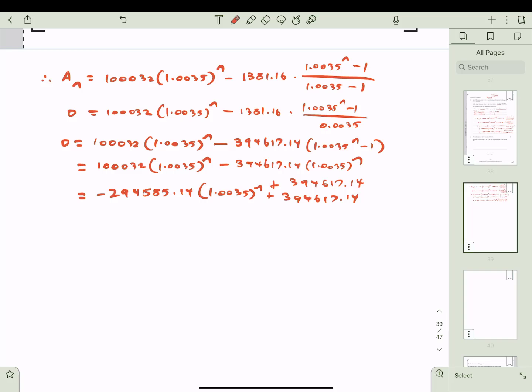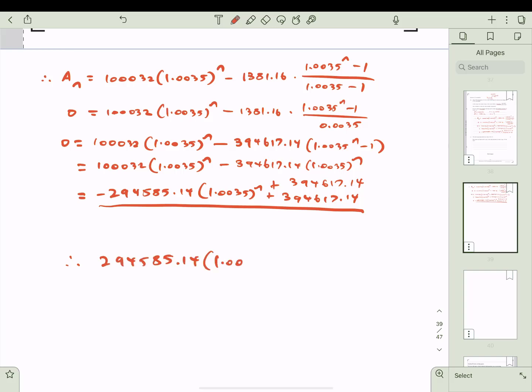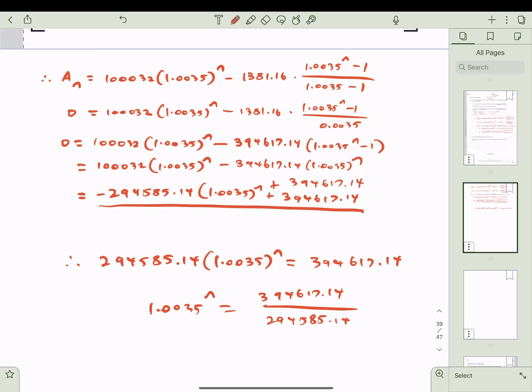Now, as we said, we are now going to simplify or make 1.0035 to the power of n the subject of this line. So therefore, negative 294,585.14 times 1.0035 to the power of n is equal to negative 394,617.14. And from here, 1.0035 to the power of n is equal to 394,617.14 divided by 294,585.14.